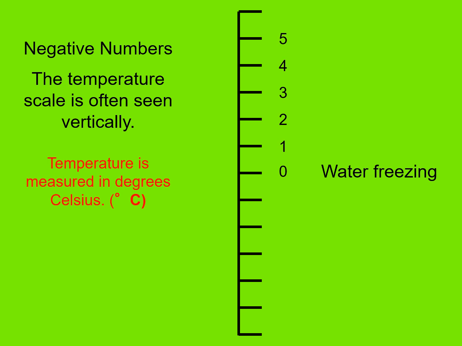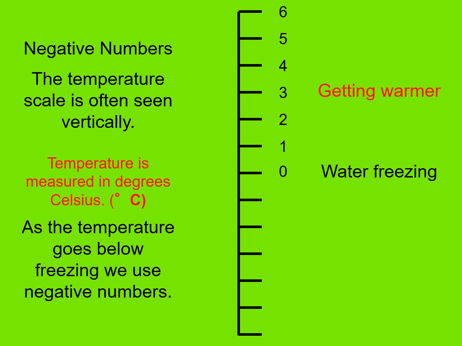And as we continue to go up, with each step, we are getting warmer by 1 degree. As the temperature goes below freezing, we use negative numbers. -1, -2, and with each step it's getting colder by 1 as we take away 1 each time.